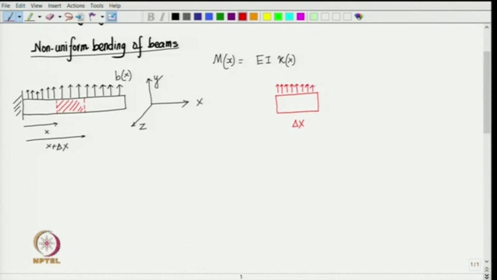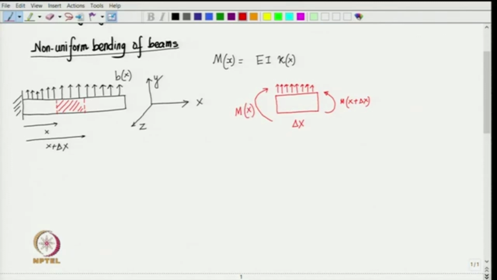At the two ends of this section we have bending moment: the right cross section is at x plus delta x, so bending moment there is M of x plus delta x, whereas on the left cross section the bending moment is M of x.